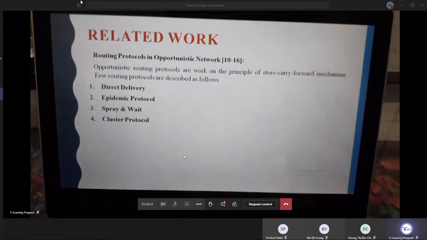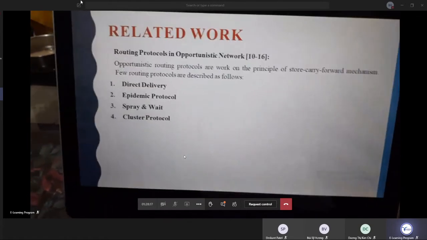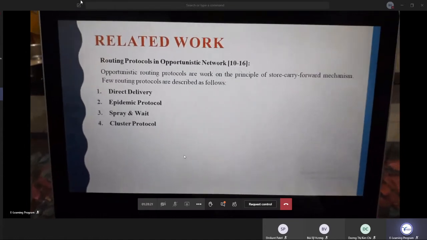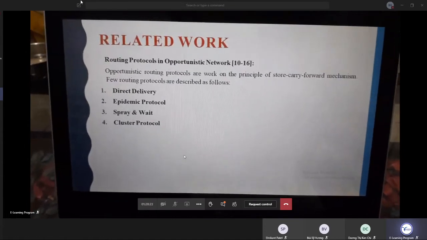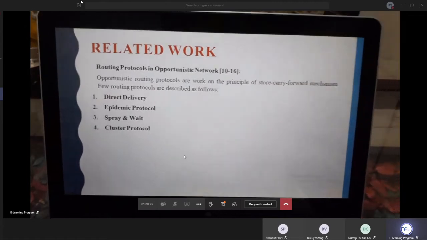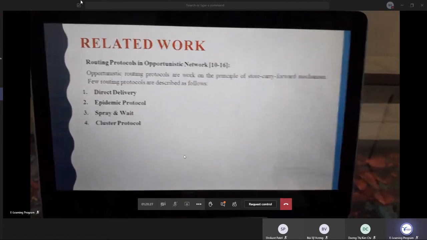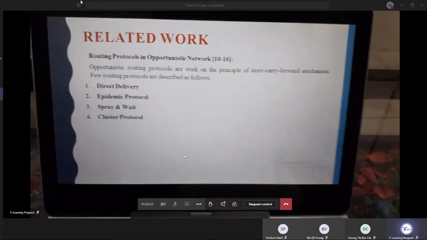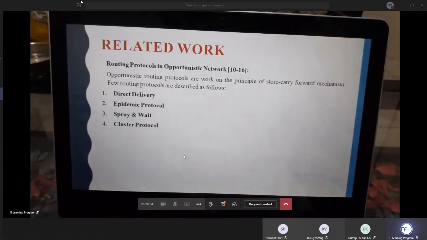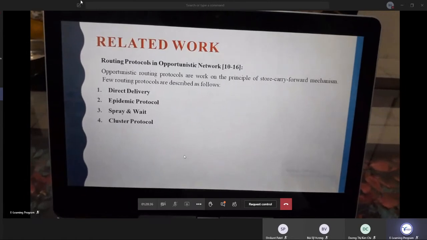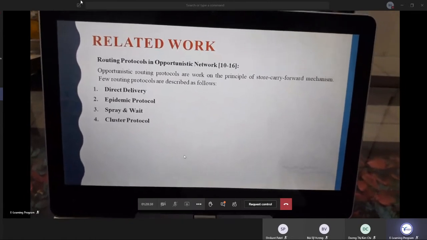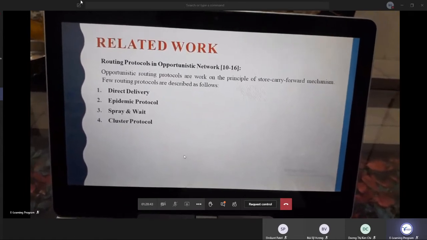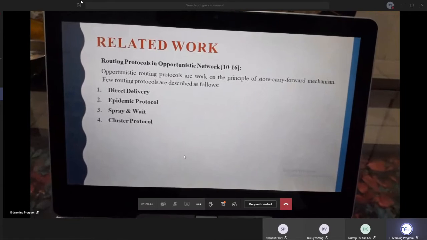Now, the third protocol is spray and wait. This protocol came into the picture in 2005. An efficient and advanced version of the epidemic routing protocol is known as spray and wait. This protocol works in two phases, the spray phase and the wait phase.